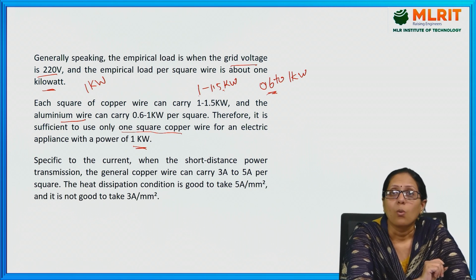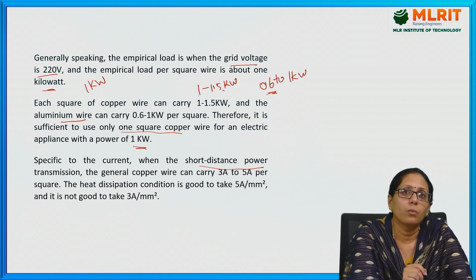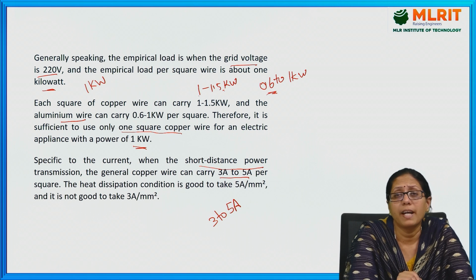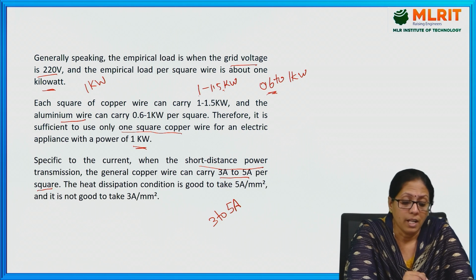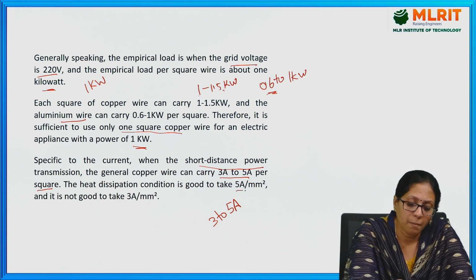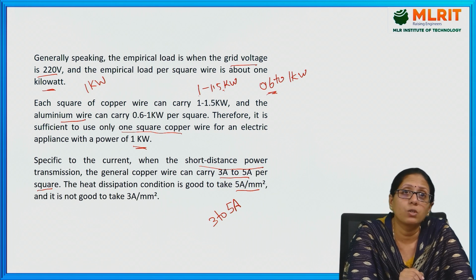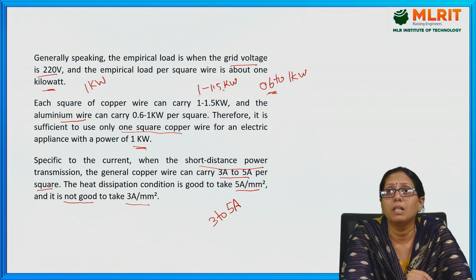Specific to the current, for short distance power transmission, a copper wire can carry about 3 to 5 amperes per square millimeter. When the heat dissipation condition is good, it is fine to take 5 amperes per square millimeter, and it is not good to take 3 amperes per square millimeter.